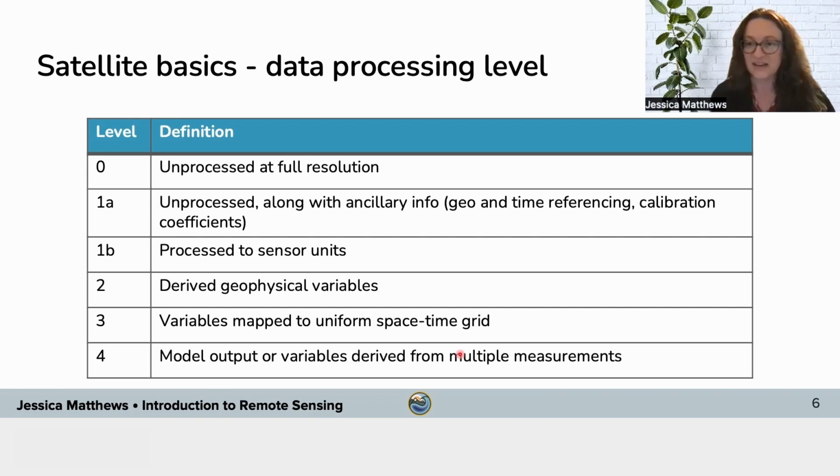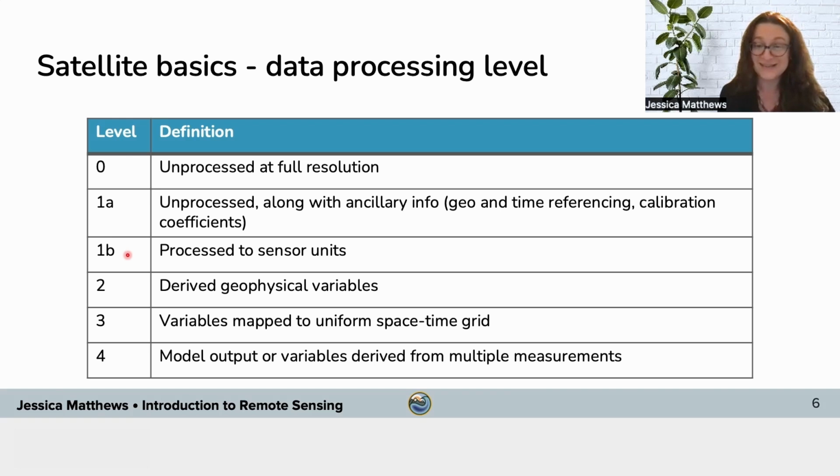So satellite data can be characterized in terms of different processing levels. What's known as level 0 data is completely unprocessed at the full resolution as captured by the satellite sensors. Level 1A goes a step further, keeps it unprocessed, but includes ancillary information such as geolocation and time referencing, as well as calibration coefficients.